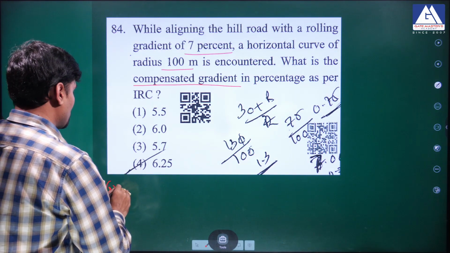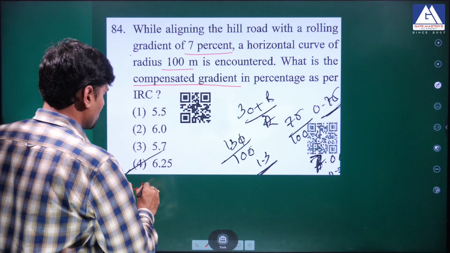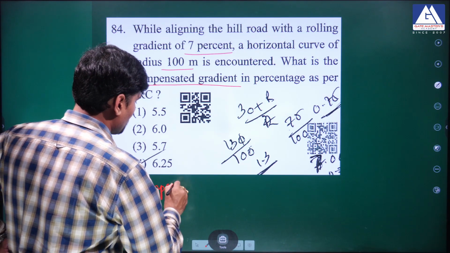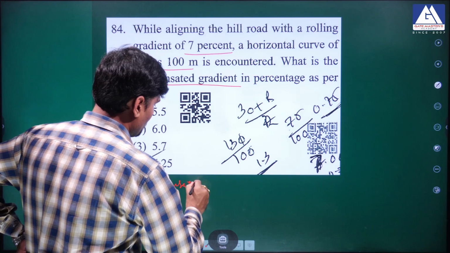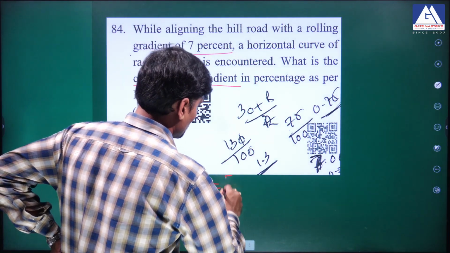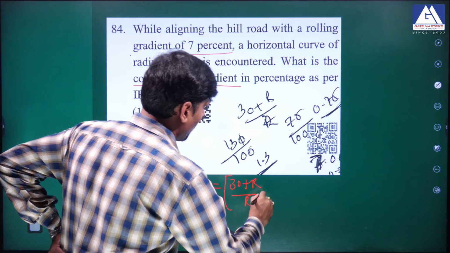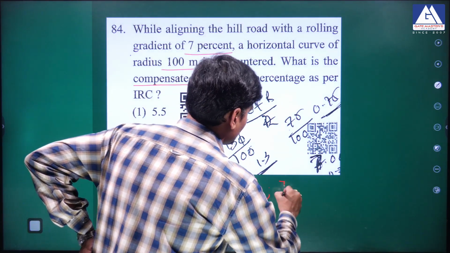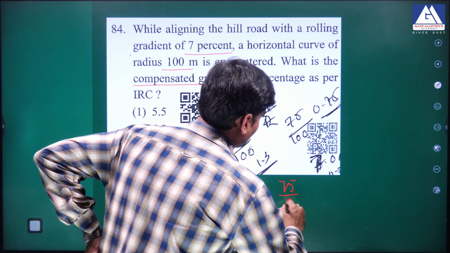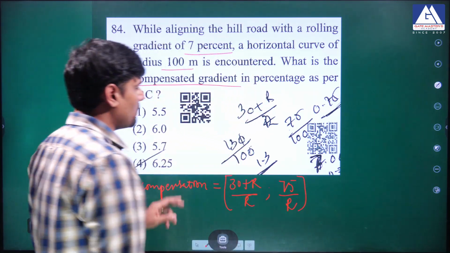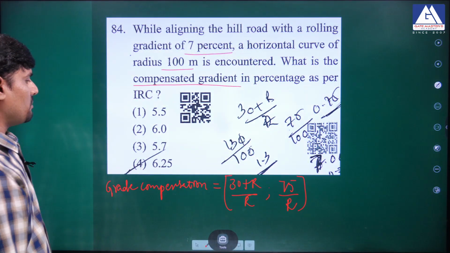There are two conditions for the grade compensation. Grade compensation can be calculated using (30 plus r) by r or otherwise 75 by r. Whichever is smaller is considered as grade compensation.